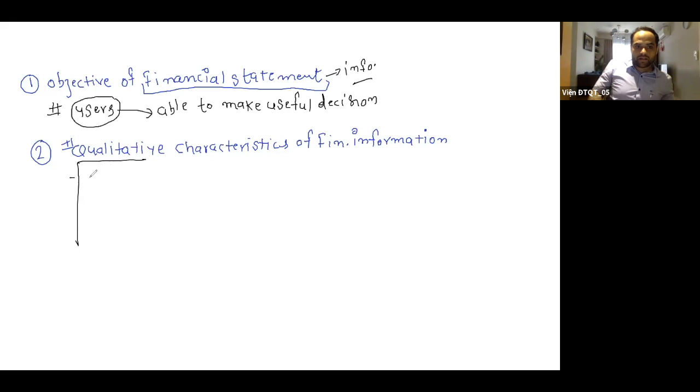First one is relevance. Second one is reliable. Third one is comparable.